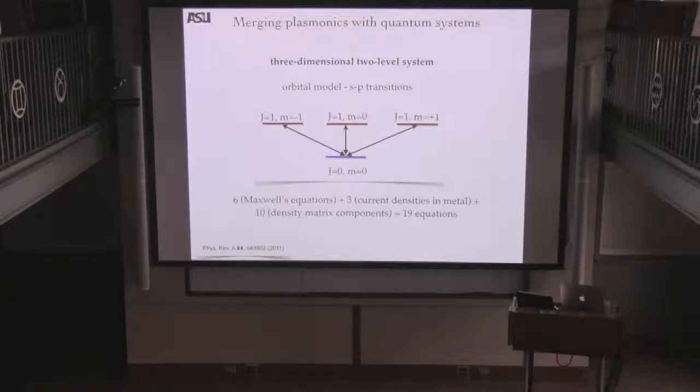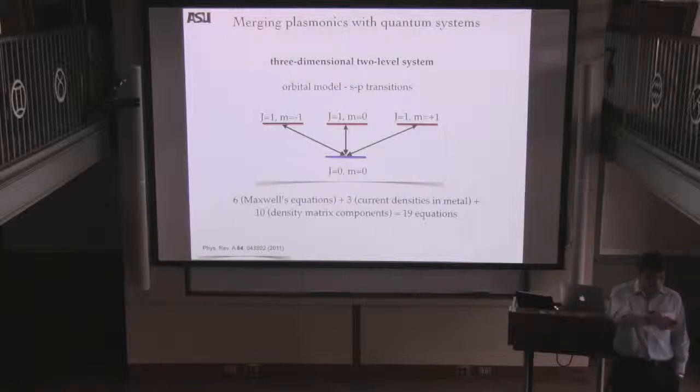Now, one important thing to realize: even if you want to work with a very simple two-level system, and this two-level emitter sits next to a nanoparticle, and the nanoparticle is illuminated by external radiation at the plasmon resonance, the scattering is so strong that at a given point you can have any polarization possible.